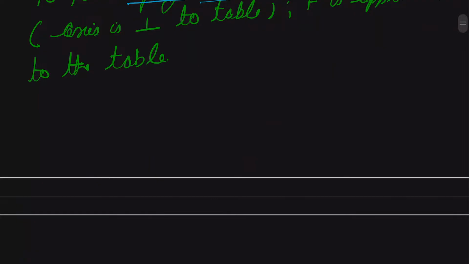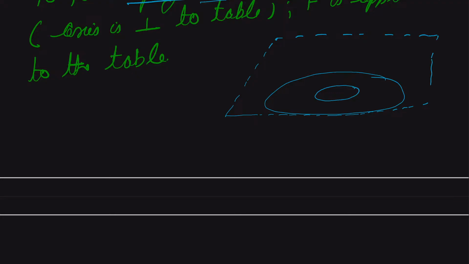So if we draw the figure, we can just draw it like this, and this will be its center, and the table will be something like this. Okay, so it is lying horizontally on the table, and the axis will be perpendicular to the table. So this is the axis.